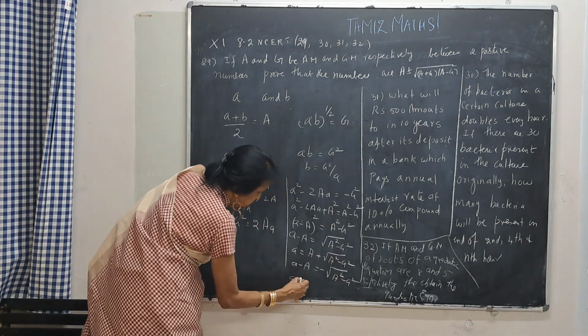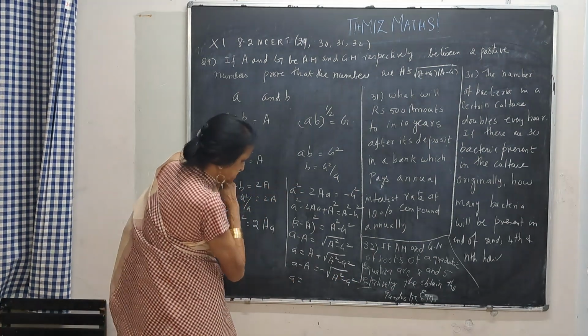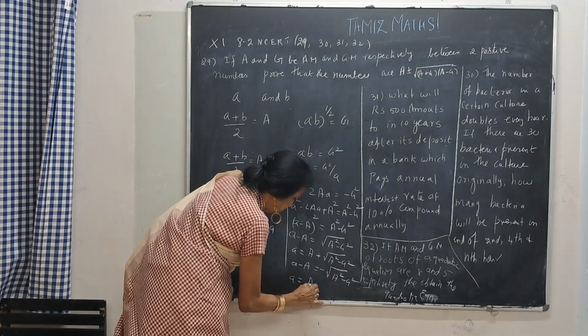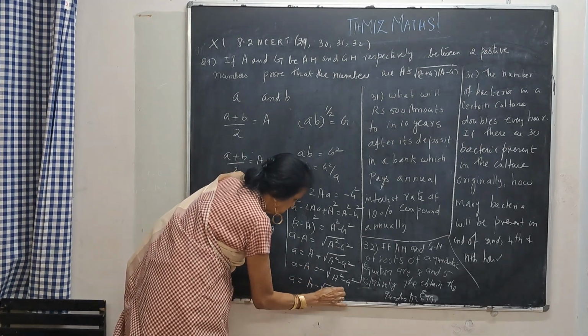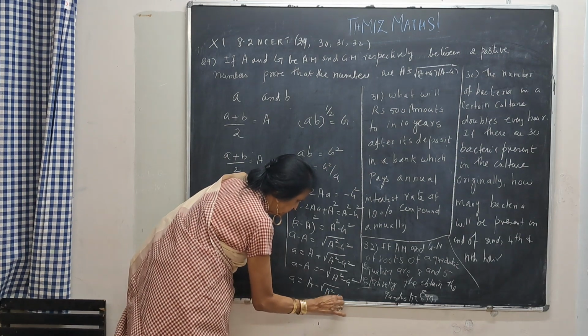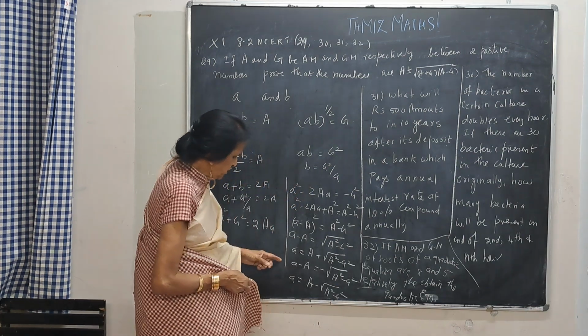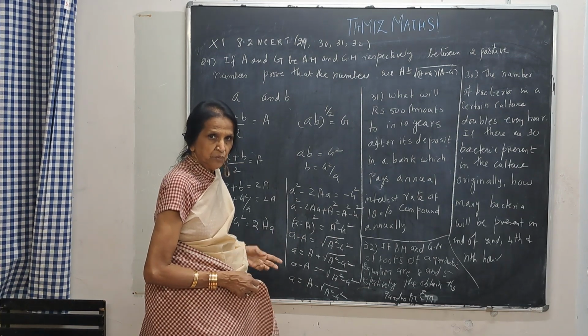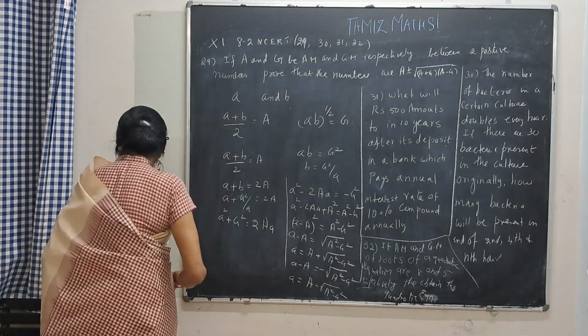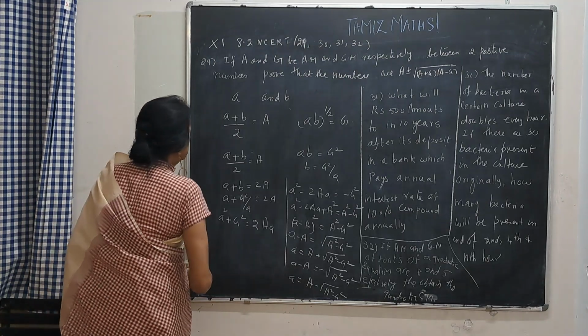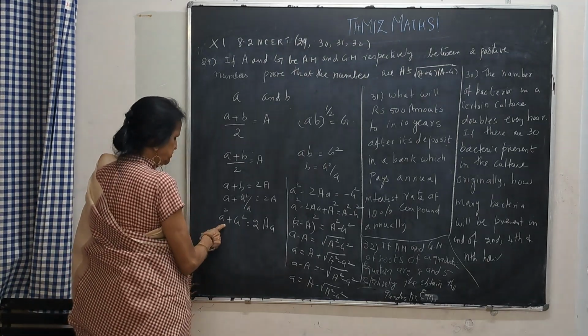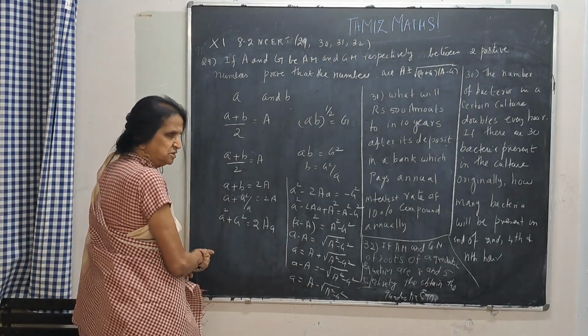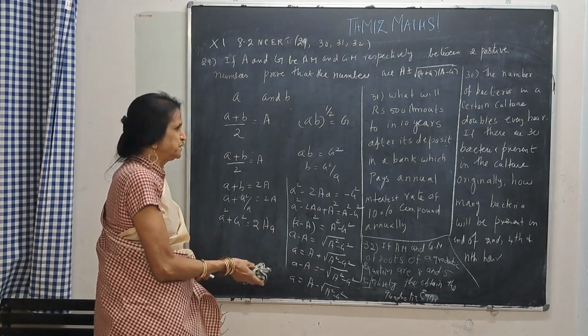So here a is equal to, in this case, A minus root of A squared minus G squared. So though we have put a and a, it is the other number. The other number will be b, isn't it? So this will give you two values of a. Two values of a means it's a and b actually.